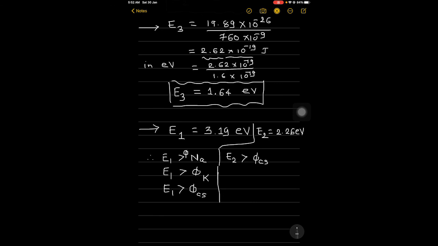So it will work with this metal. However, it will not operate with red color, because the energy E3 is 1.64 eV and will not work for any material. So this is the conclusion of the exam.